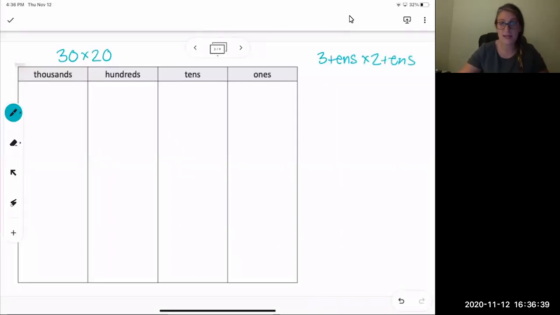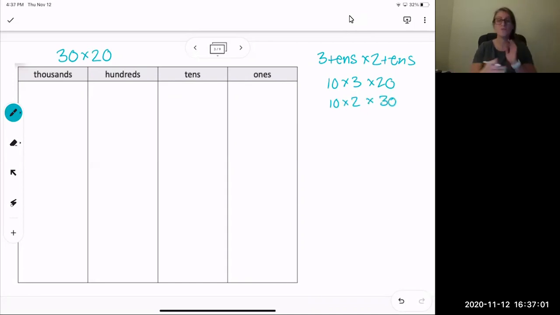We could represent it by decomposing the 30 to get 10 times 3 times 20. Another way is by breaking down the 20 and doing 10 times 2 times 30. We need to remember with multiplication, we can write our multiplication problem in any order we want, and it'll still get us the correct answer.